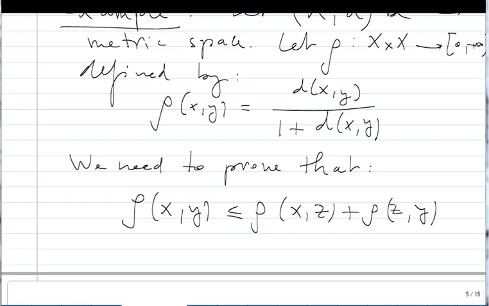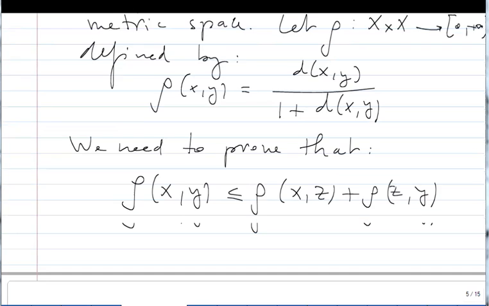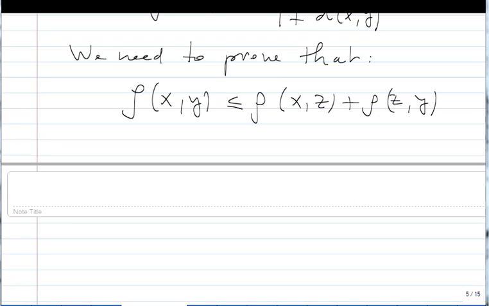Okay, so if we take this function, it's easy to see that the derivative of this function is positive. It's equal to 1 over (1 plus t) squared. So it's increasing. First of all, we have f of 0 equals 0, and f of t is increasing.